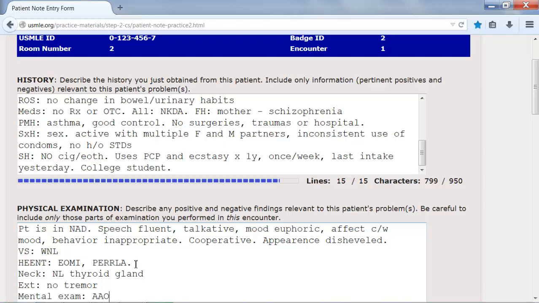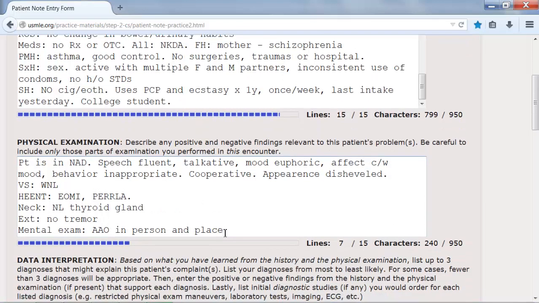Alert and oriented in person and place, and disoriented to time.